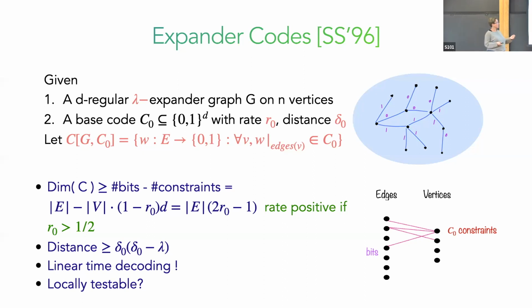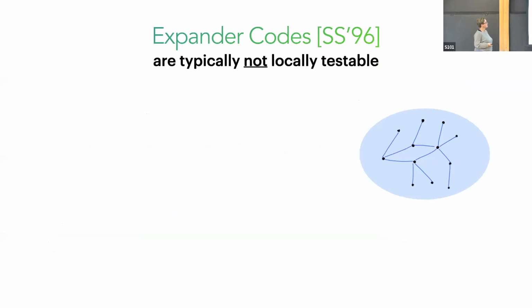But what's the issue? The issue is that once you move even further away from the code, you can circle back and get to a situation where only one constraint is violated, but the word is very far from the code. So let's see this in a bit more detail. I want to say that expander codes are not typically locally testable.